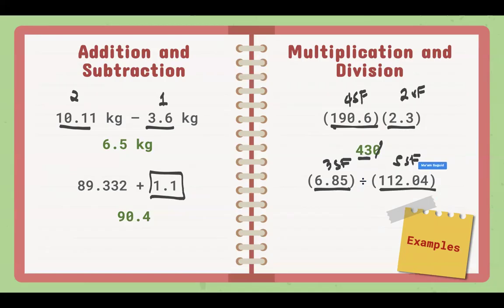So we only need to follow 3 significant figures. So our final answer here should be 0.0611. Following rule number 3, all zeros before the non-zero digit are not significant. So the zeros here are not significant. We only have 3 SF.